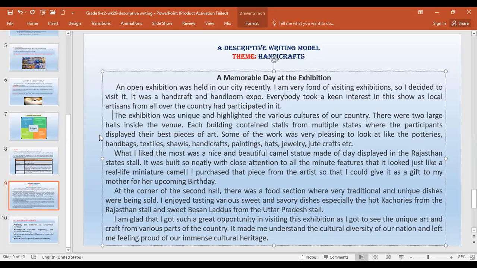Second paragraph. Reem, would you please read? Lana? Okay, do you have it now?